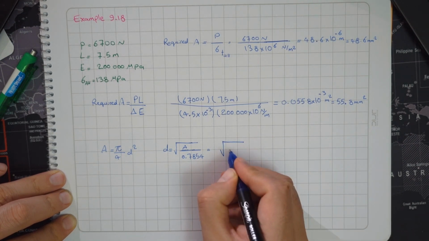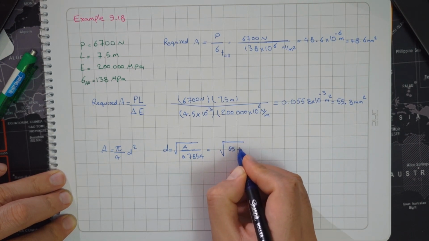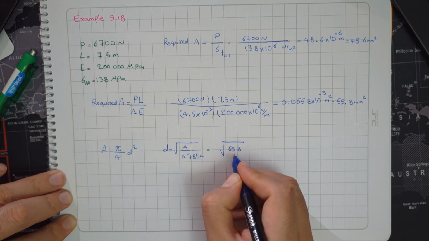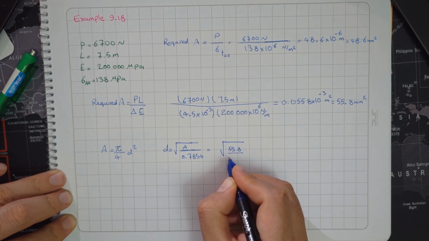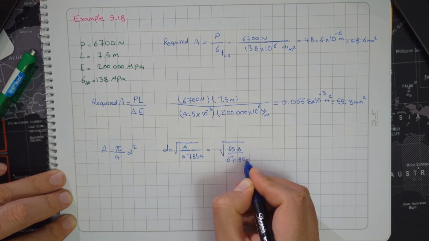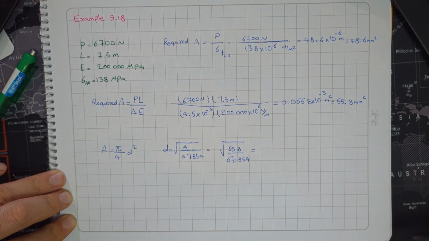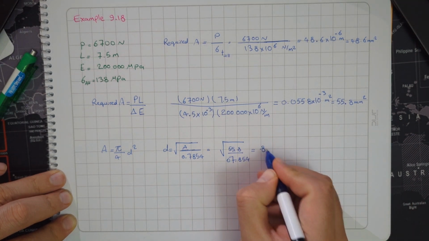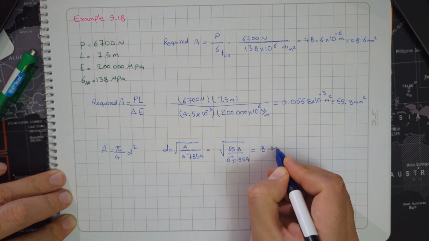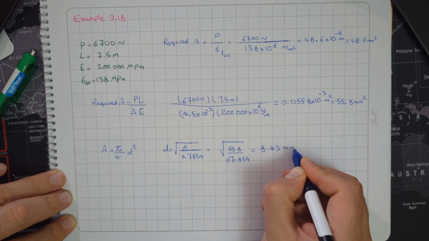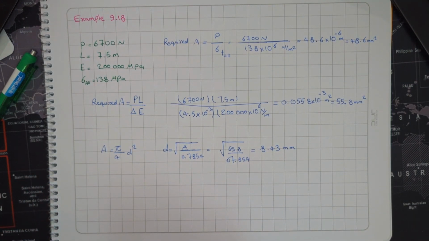A is 5.8 over 0.7854. The answer is 0.43 millimeter, right? And we have to check to ensure that the tensile stress developed is less than the proportional limit.